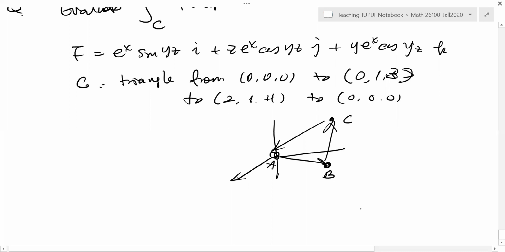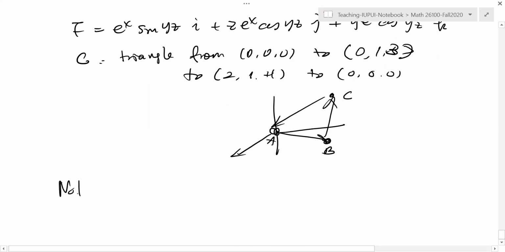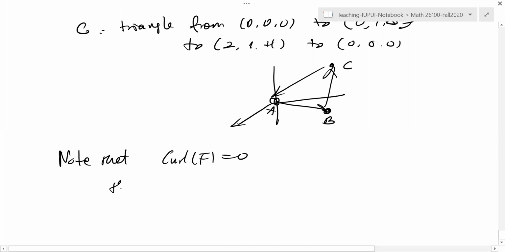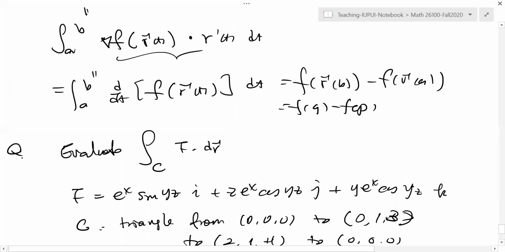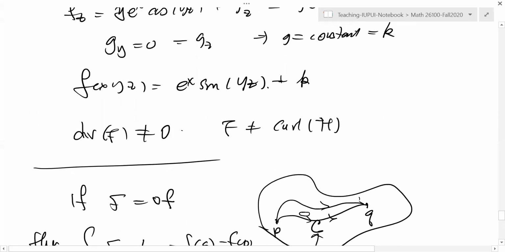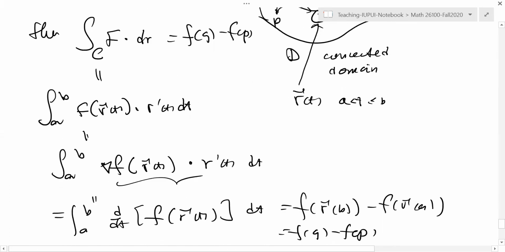You have to parameterize all the curves. However, if you notice that the curl of F is 0, then F is the gradient of some function. You find the function, it's easy to find from above: e to the x sine yz.